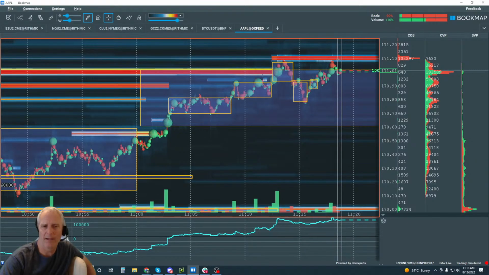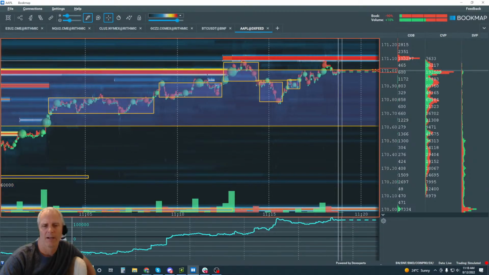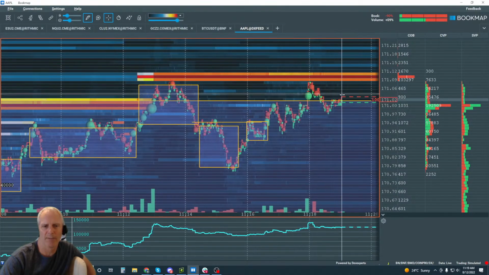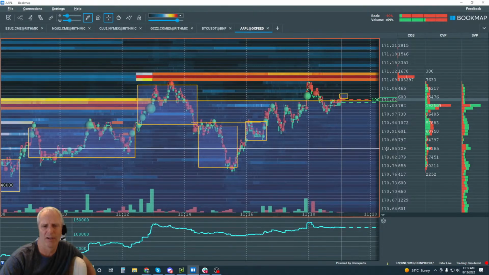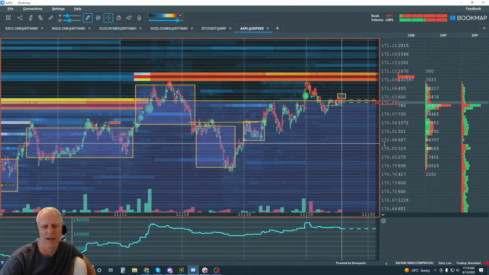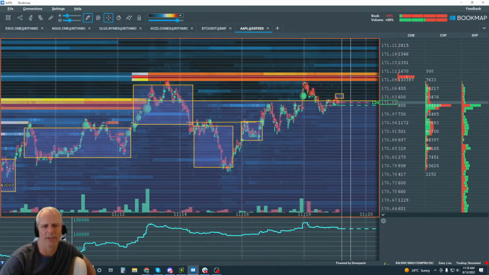Now we may, but it doesn't look very good right now. If we see a lack of sellers here and we start to see some buying, maybe right around 171.03, then more than likely we'll trade up to here.